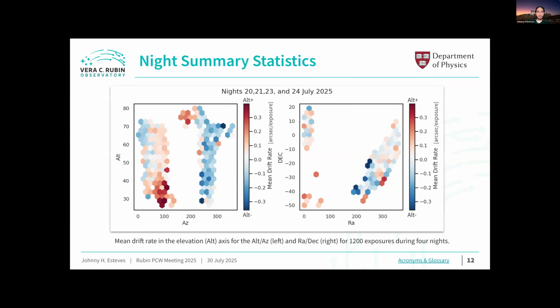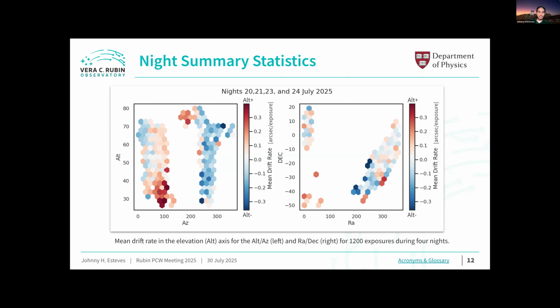I'm not sure. I was trying to investigate, so I made some basic plots of the mean drift rate as a function of altitude and azimuth to see if it's something related to the mount. And you can see that at low elevation the drift goes up, and at high elevation it also tries to go up. But you also see a trend with azimuth.